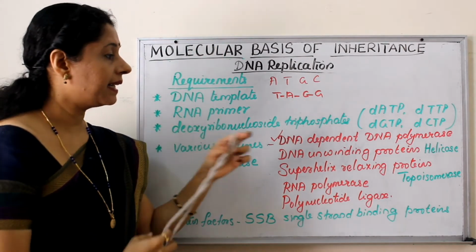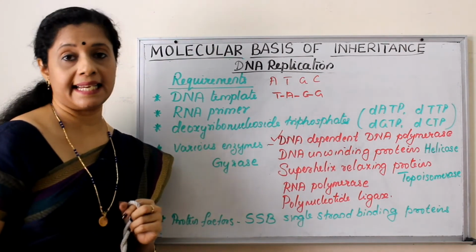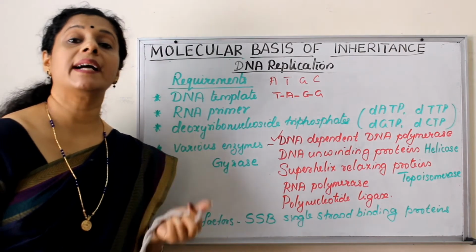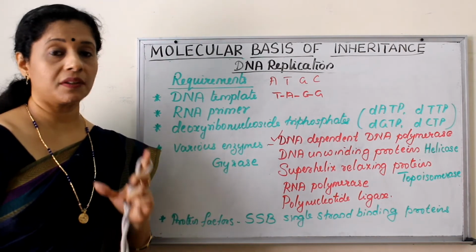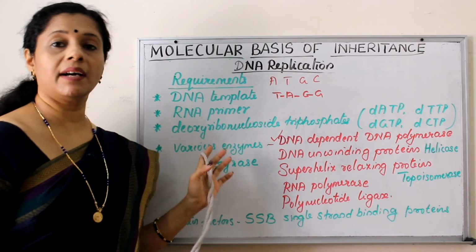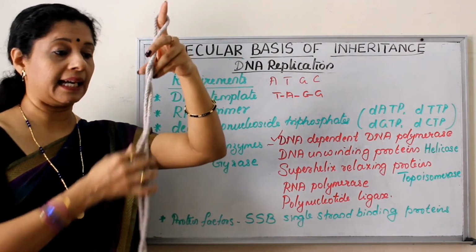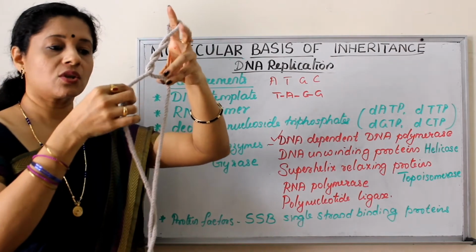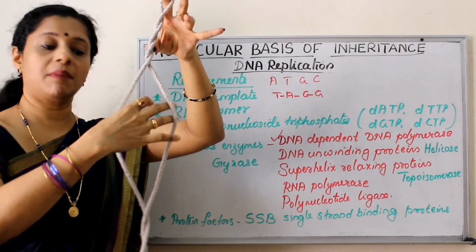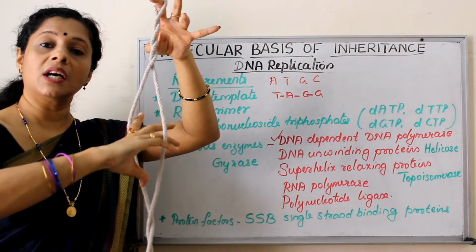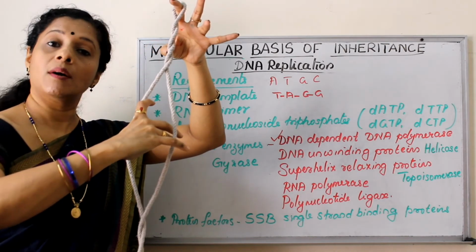So who will break that? There is an enzyme called a helicase, or we call it as unwindase enzyme. Okay. So first DNA helicase or unwindase enzyme separates the two DNA strands, not at the entire length, at origin of replication. So what are we getting? A Y-shaped fork. On both the sides of origin of replication, we are getting Y-shaped fork.